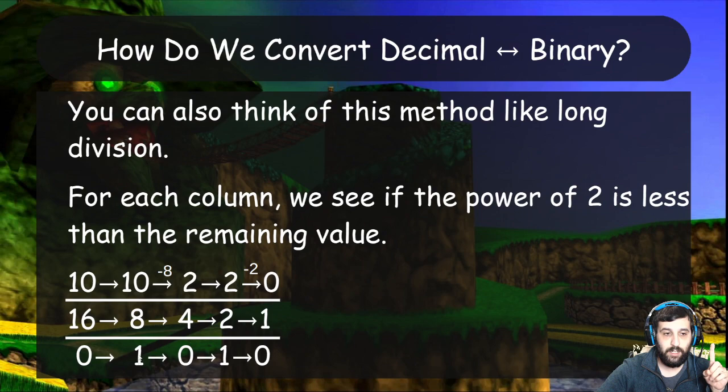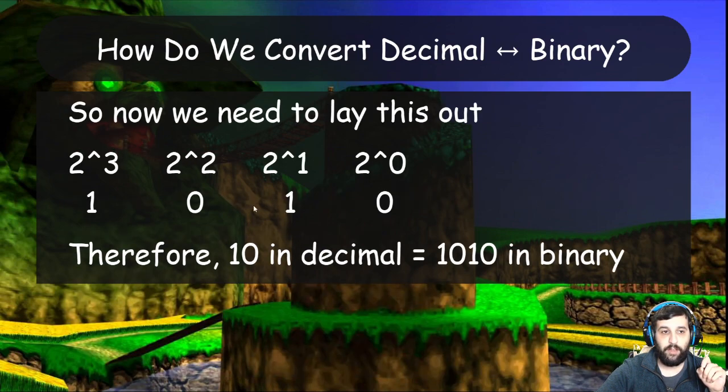So we're going to put that here, and we're going to subtract 8 from this value, which, 10 minus 8 is 2. Now we're going to see if 4 goes in. It does not, so we have a 0. How many times does 2 go into 2? 1 time, so we add a 1 here. Subtract 2. How many times does 1 go into 0? 0 times. So this would end up being what the binary value would be.